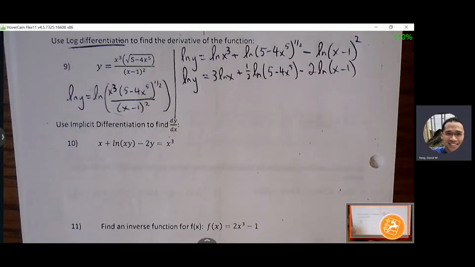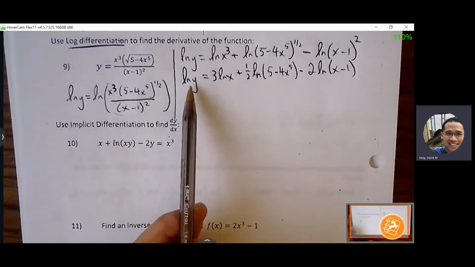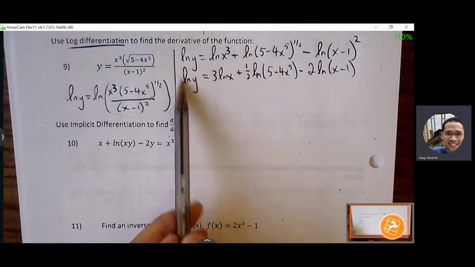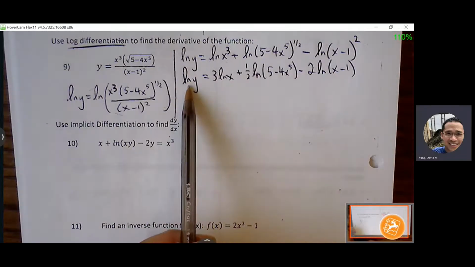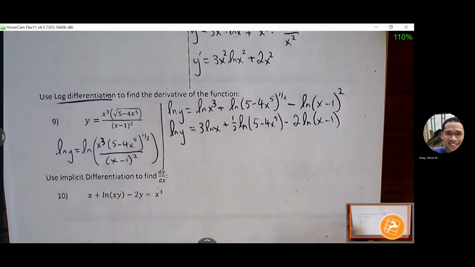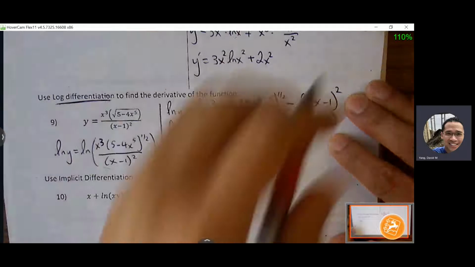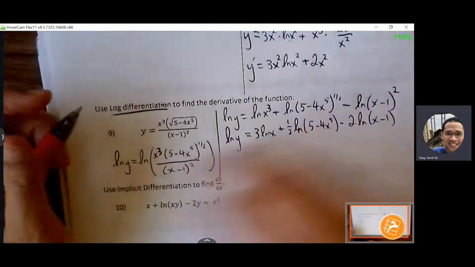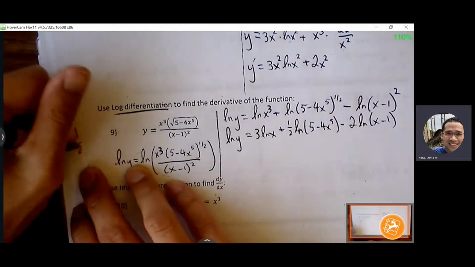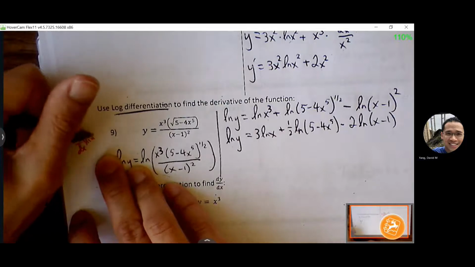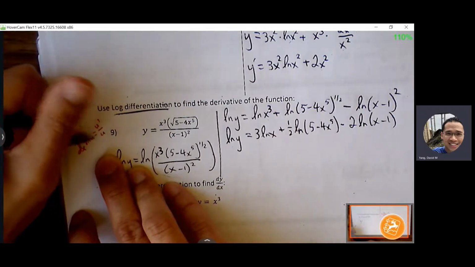Okay, u prime over u. What's going to happen here, though? What's the natural log of y going to turn into? Okay. So the rule that we're applying for all these problems is u prime over u.